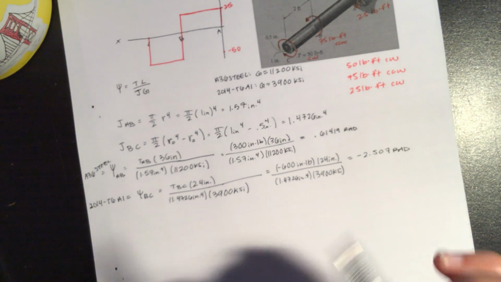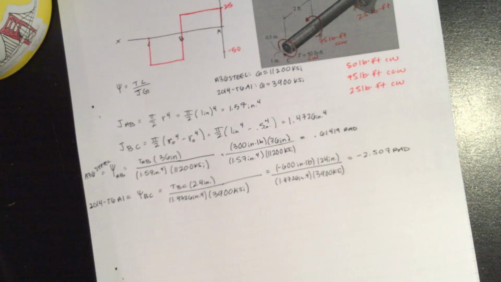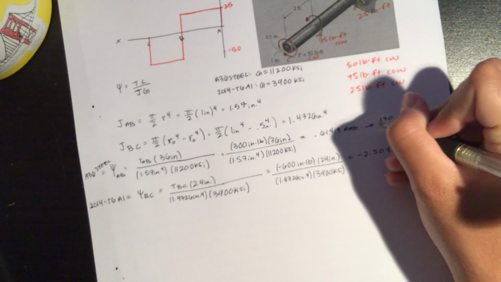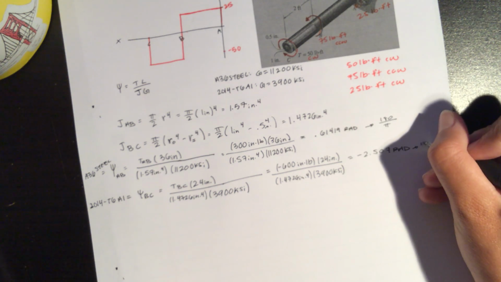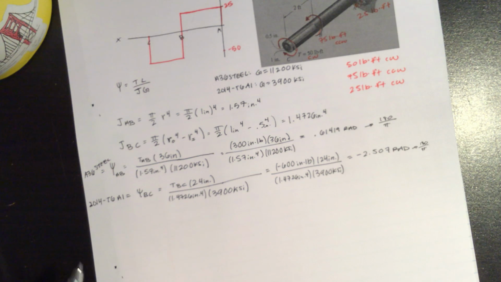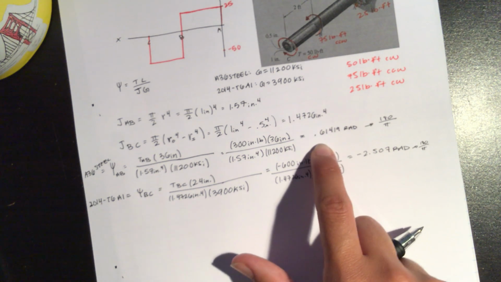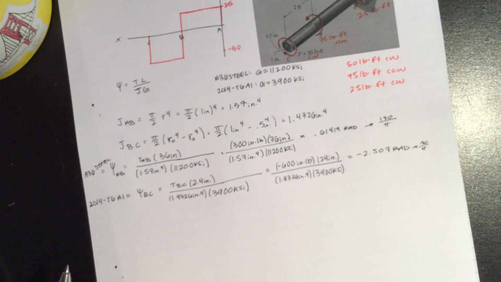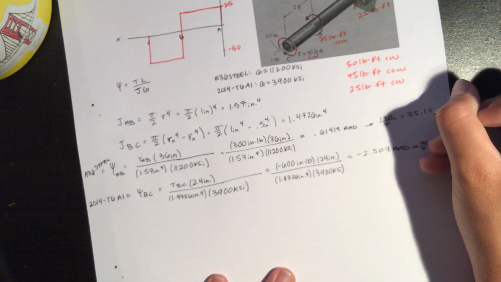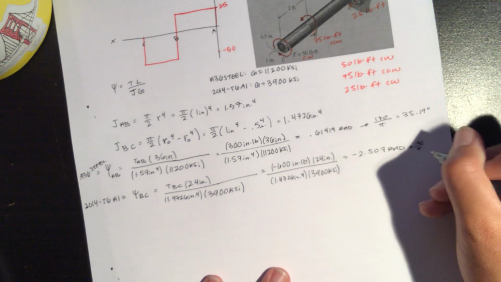And so now we have the twist, and to get it into degrees, we're going to want to multiply our radians by 180 over pi. And so the 0.61419 multiplied by 180 divided by pi, that gives us 35.19 degrees.